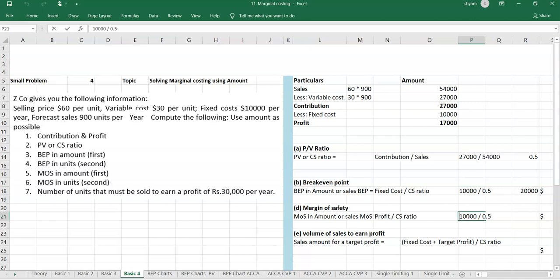So the profit here is 17,000. So MOS sales is 34,000, and for the targeted sale, the existing fixed cost is 10,000, and the target profit they want in amount is 30,000.